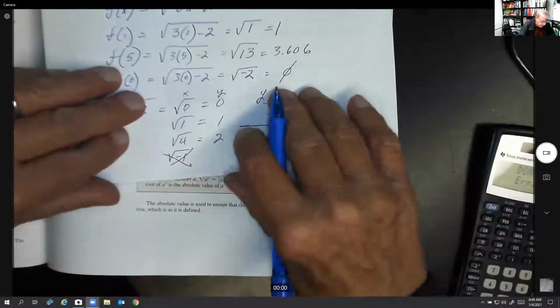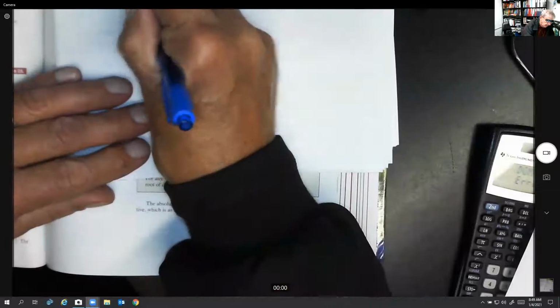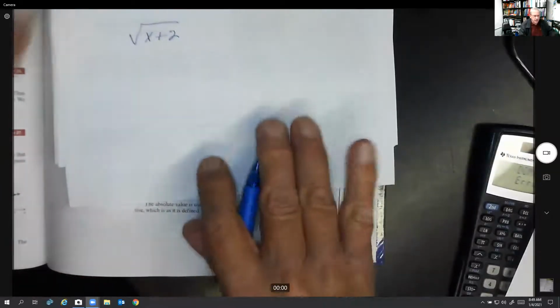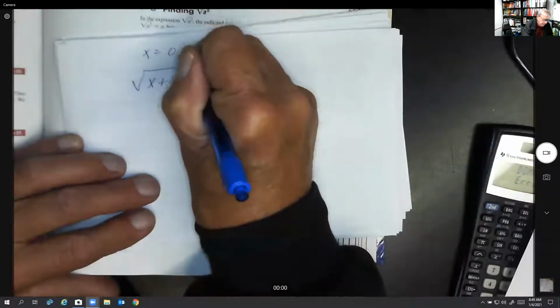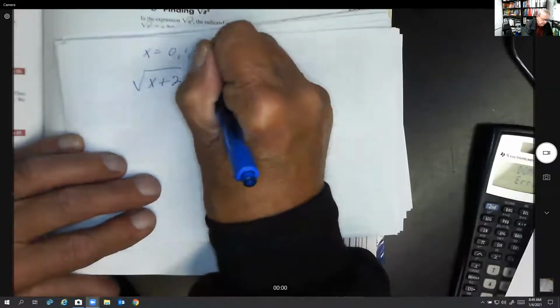Now, the one in the book they gave you was the square root of x plus 2. Well, the smallest number we can substitute in for values of x must be 0 or greater. And we could also put in decimal numbers, but the smallest number we can use is 0.